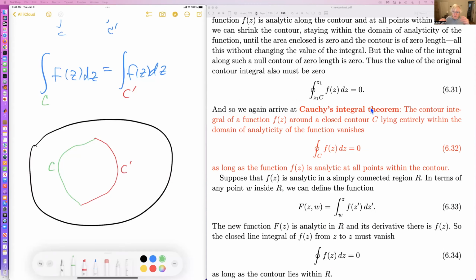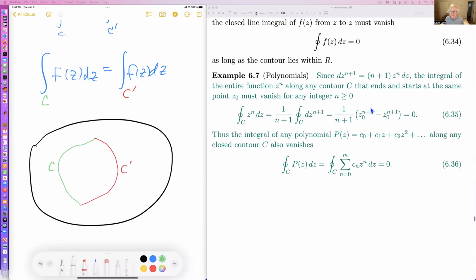So another way of stating Cauchy's integral theorem is the contour integral of a function along a closed contour lying entirely within the domain of analyticity of the function vanishes as long as the function is analytic at all points within the contour.